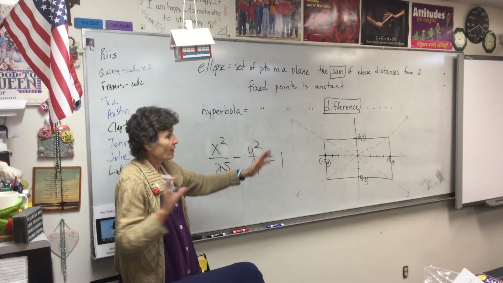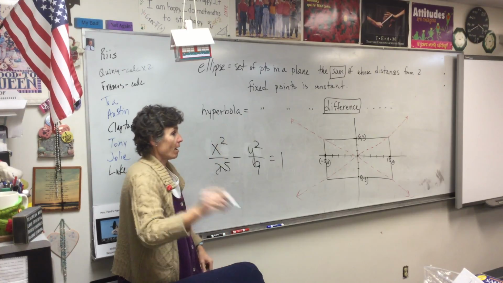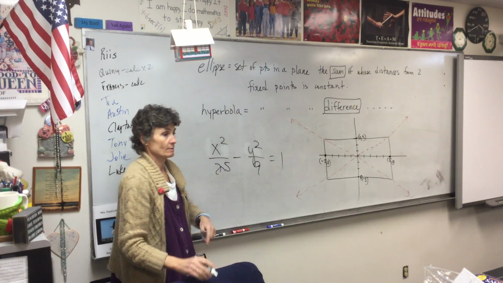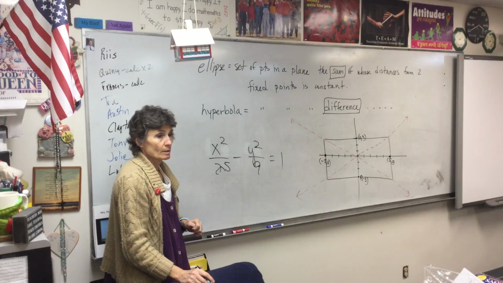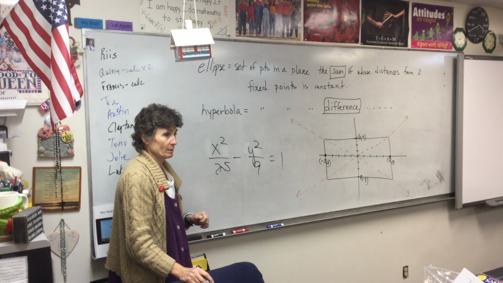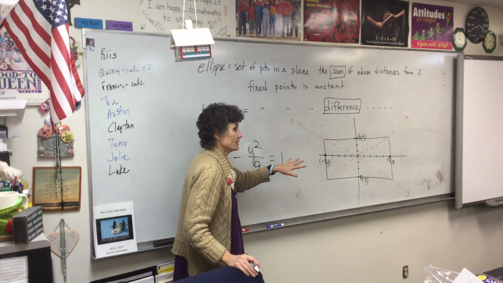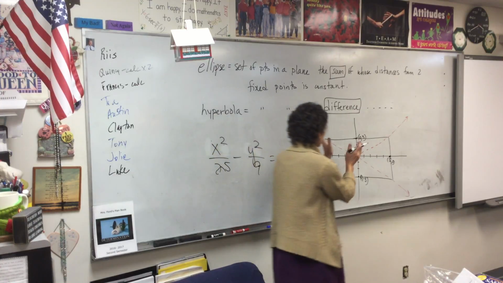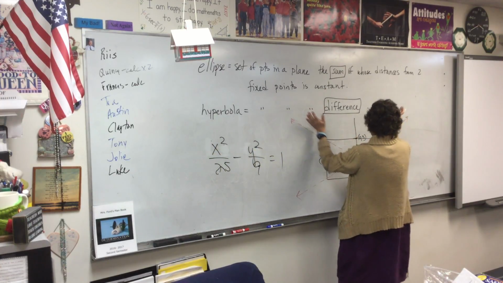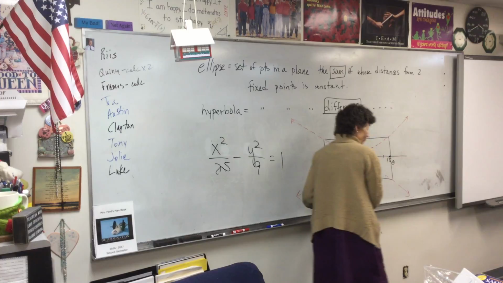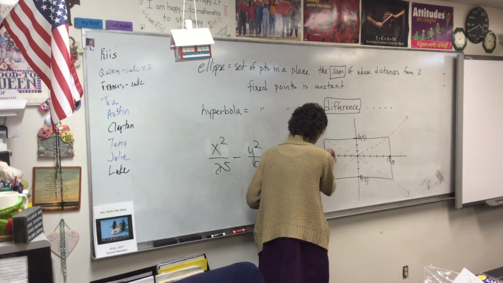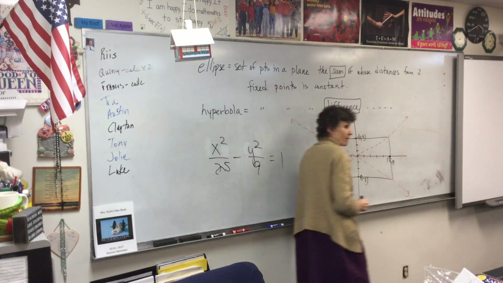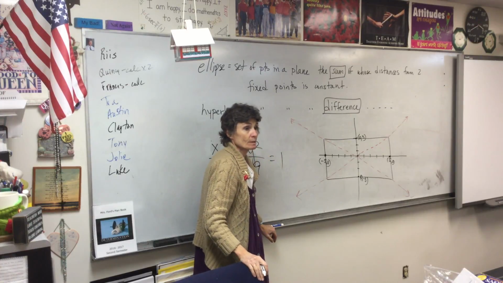So, out 5, up 3, draw a box, put in the diagonals. Now I'm going to draw my hyperbola, and from the setup, you can see I could have a hyperbola up and down, framed by these asymptotes, or I could have a hyperbola sideways framed by the asymptotes, right?